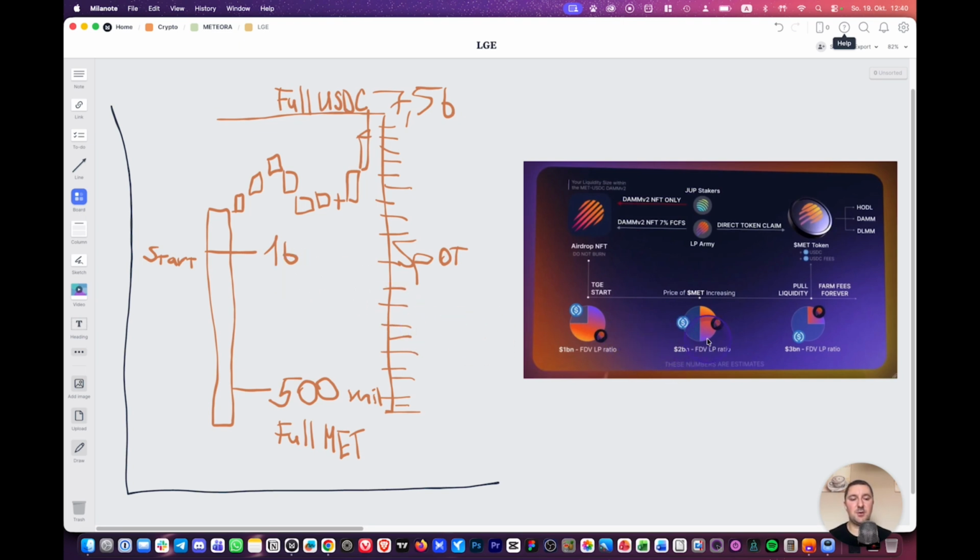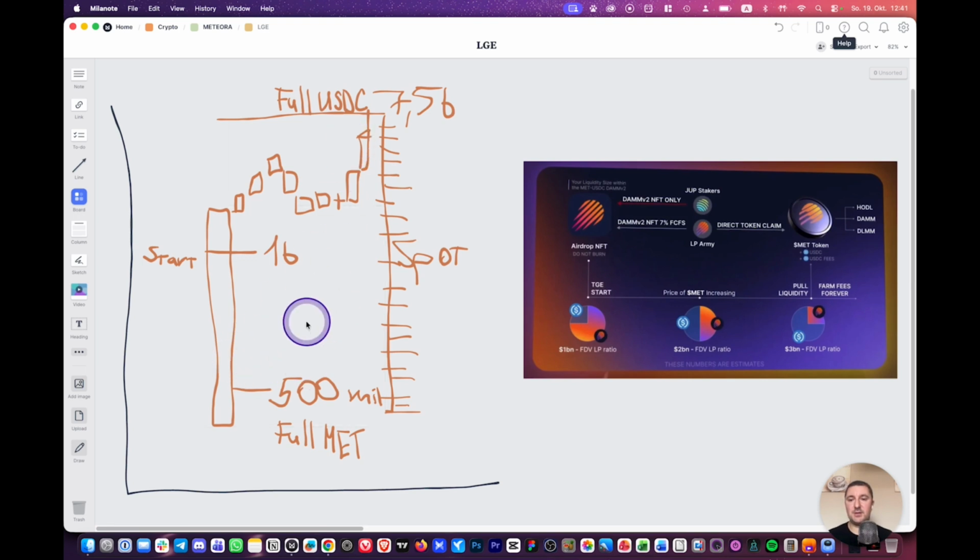When the price goes up to around 2 billion, we will have about 50-50, and around 3 billion there will be about 75% USDC and 25% MET token. The higher it goes, the more MET will be transferred into USDC, and the fees will be USDC only at this time.